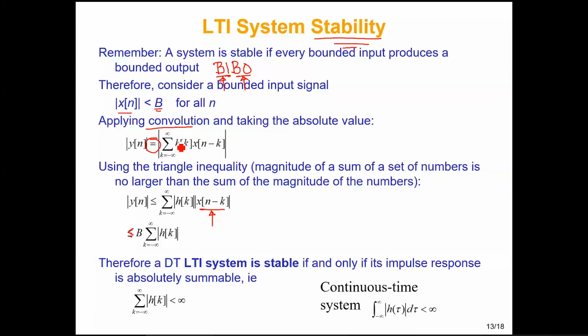Now this convolution sum is the product of h of k x of n minus k, this product summed up for the whole range of k. Now if we take this magnitude and put a magnitude limit on each term of this product, then instead of the equal sign we end up getting a greater than or equal sign, because these two terms may have a positive and negative part in between.